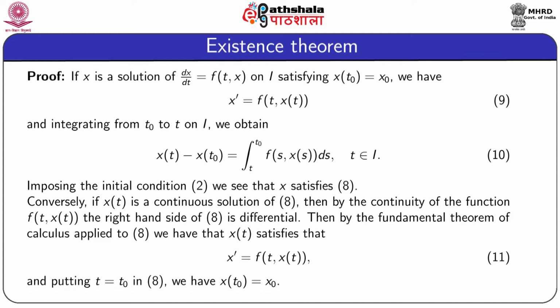Conversely, if x t is a continuous solution of 8, then by the continuity of the function f, the right hand side of 8 is differentiable. Hence, by the fundamental theorem of calculus applied to 8, we have that x satisfies the differential equation dx/dt equal to f, and putting t equal to t 0 in 8, we have x t 0 equal to x 0, and this ends the proof of lemma 1.